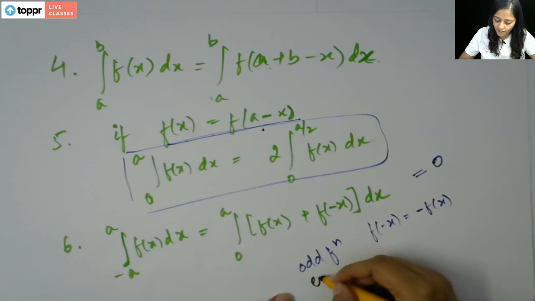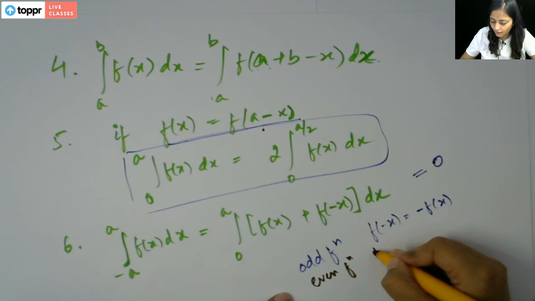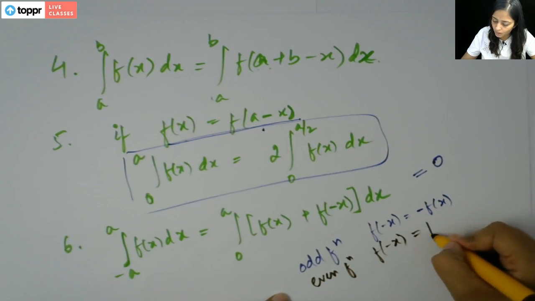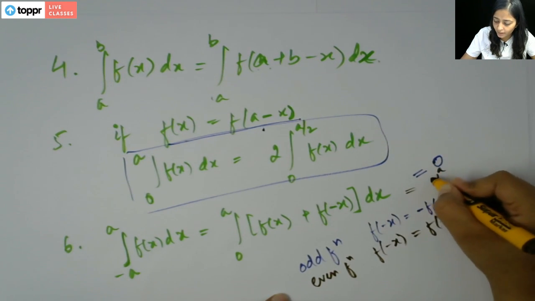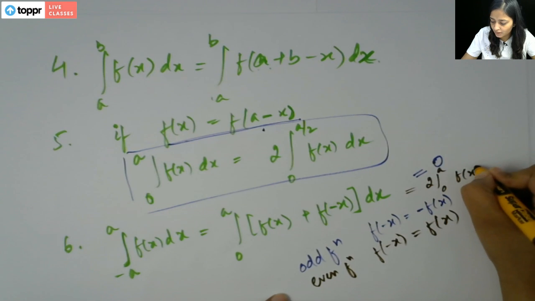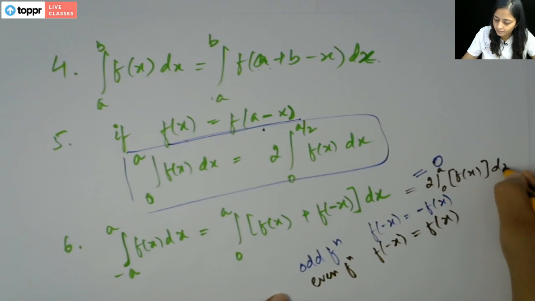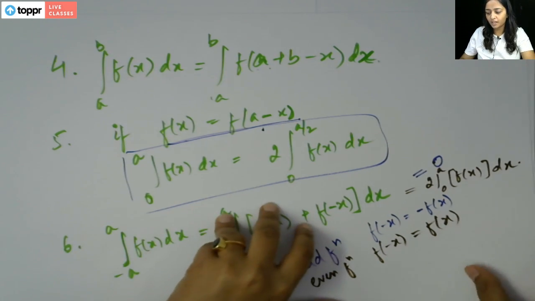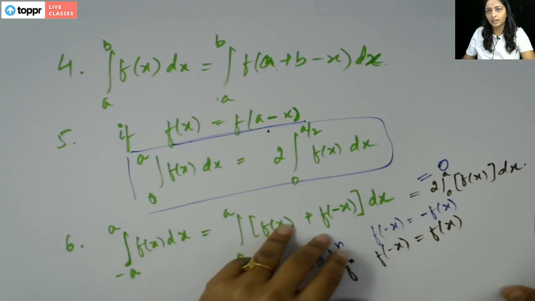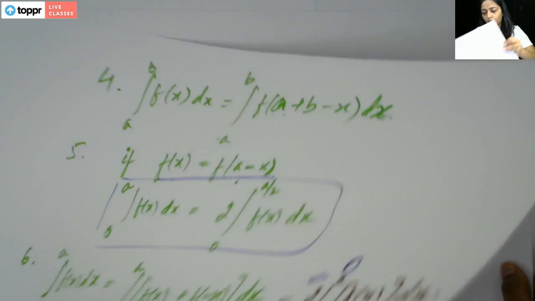But if you have an even function, that is f(minus x) equal to f(x), there is no negative sign outside, then this integral becomes twice of integral 0 to a f(x) dx. So these were some basic properties related to definite integrals. Now we'll see some previous year JEE Mains questions based on these properties.